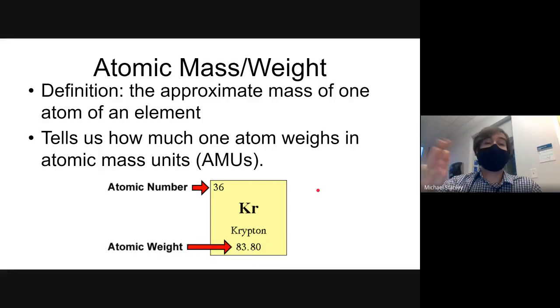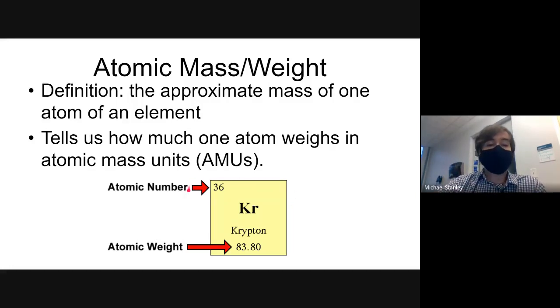This way they're able to figure out the weight of an atom and use it to compare to other atoms. Krypton is kind of like a medium-sized atom. It has an atomic weight of 83. There are some atoms that are much smaller. They have atomic weights of like 3 or 4. And there are some atoms that are much bigger. They have atomic weights of over 200 in some cases. So the atomic weight tells us approximately how big the nucleus of this atom is.